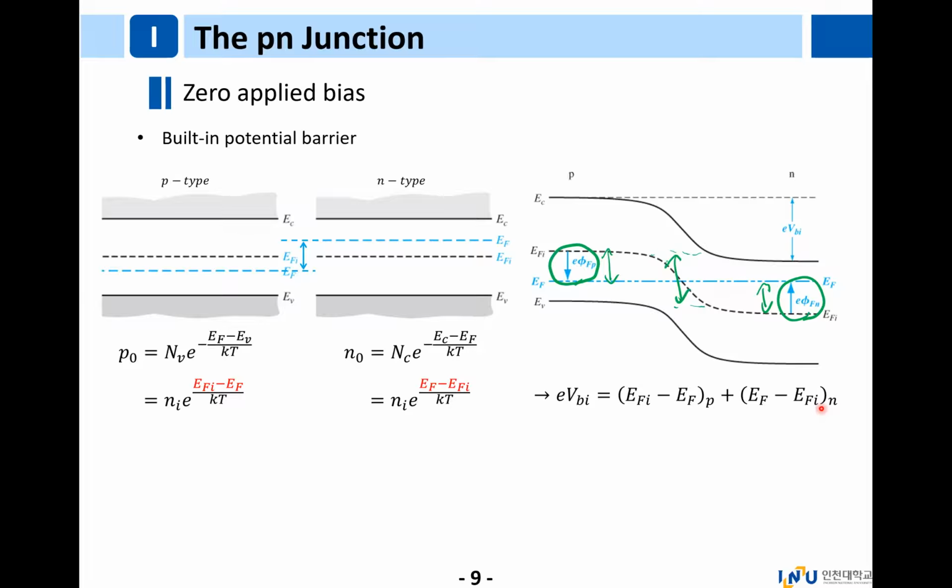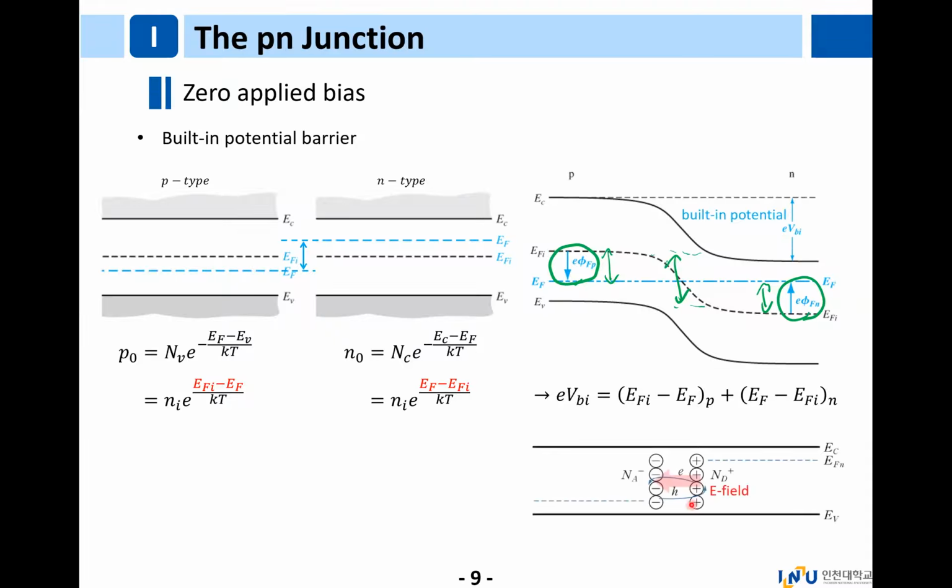Why is it called the built-in potential? In thermal equilibrium, when creating a p-n junction, an internal difference in potential arises. Hence, the term built-in potential, denoted as VBI.